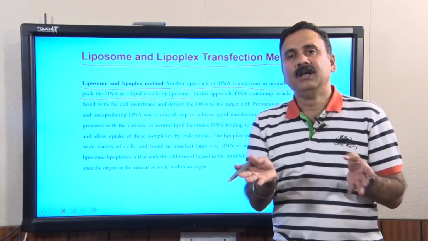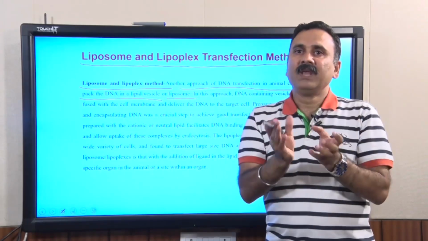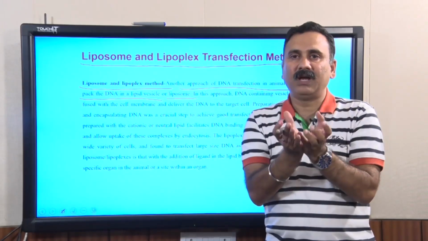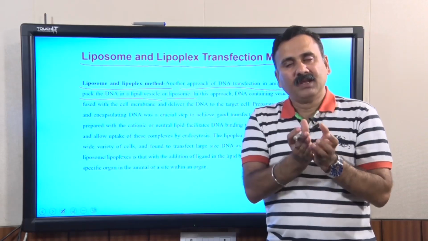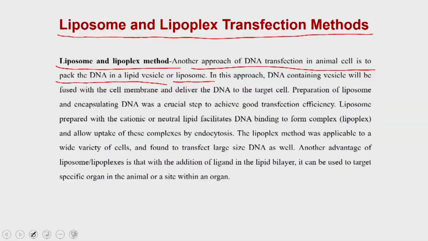These liposomes are bilayer vesicles, and inside they have a space where material can be stored. So, the DNA containing vesicle will be fused with the cell membrane and deliver the DNA to the target cells.